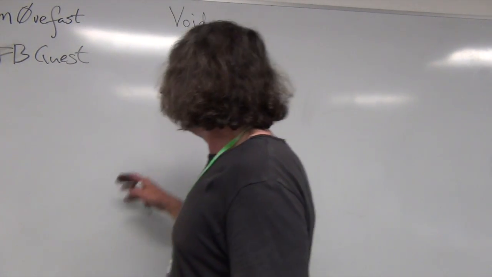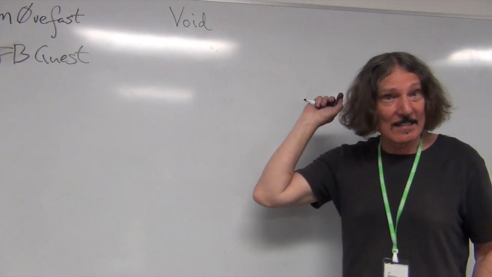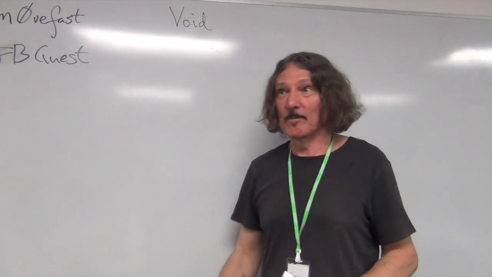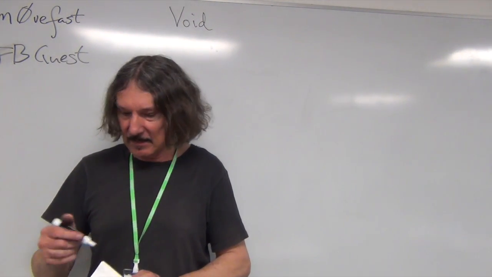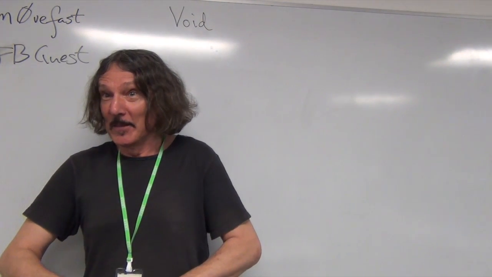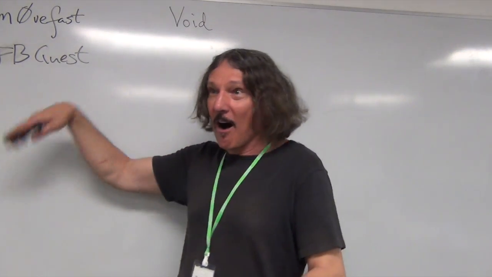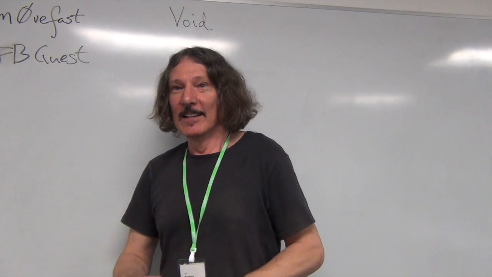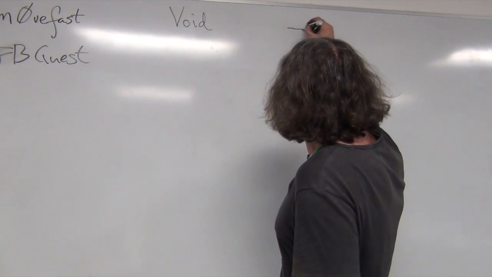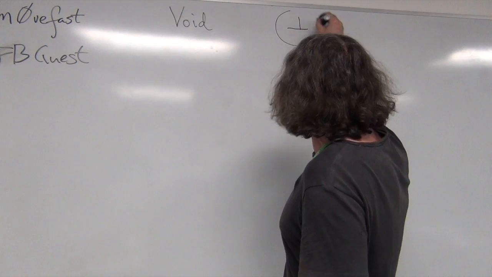Now there is a little bit of cheating in this, and if somebody's watching this video, they might say, this is all wrong. Of course, every type in Haskell has this bottom, this element called bottom.